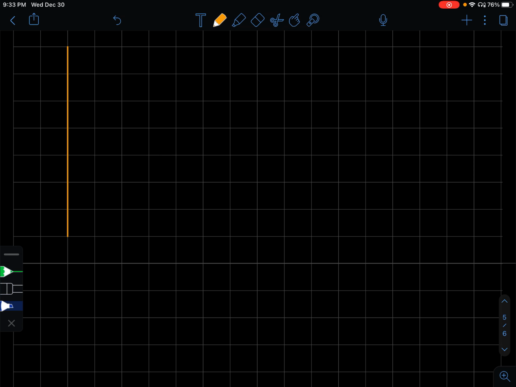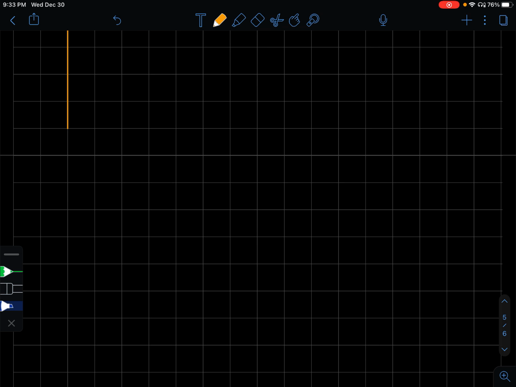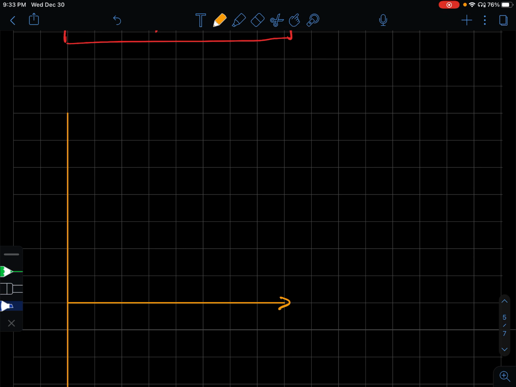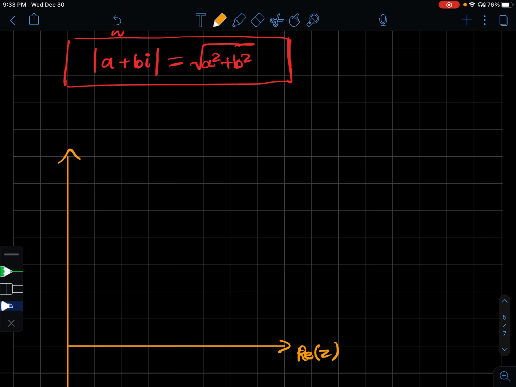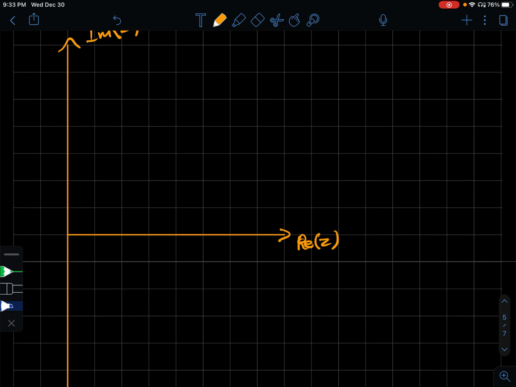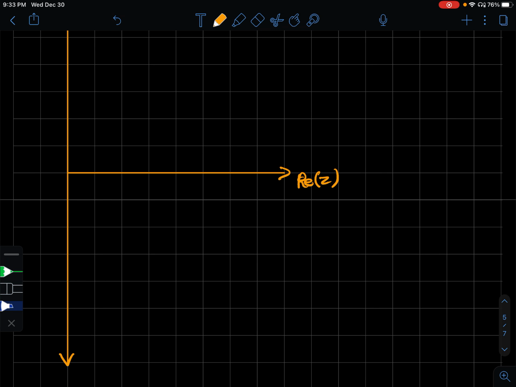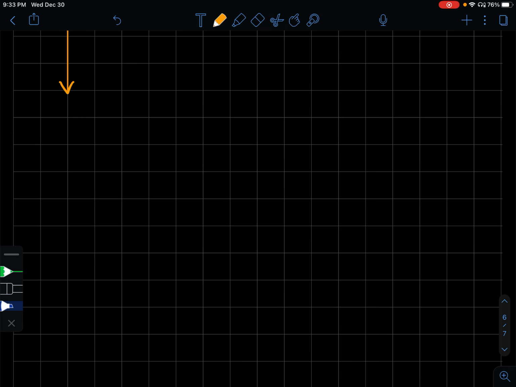Drawing the graph one more time. This time, we're going to have the first and fourth quadrants involved. Okay, so if you have the real axis and the imaginary axis, and if you remember from the last video, we discussed one operation, which is conjugation.